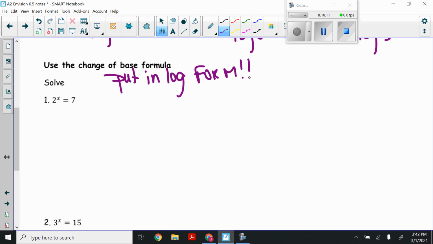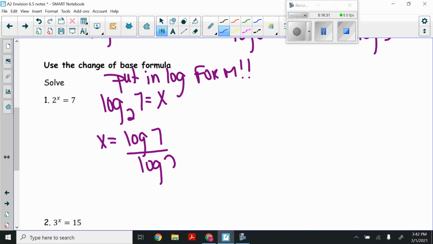So 2 to the x power equals 7 is really the same thing as log base 2 of 7 equals x. Now, using our change of base formula, I can say x equals log 7 divided by log 2. So there's my answer in log form.